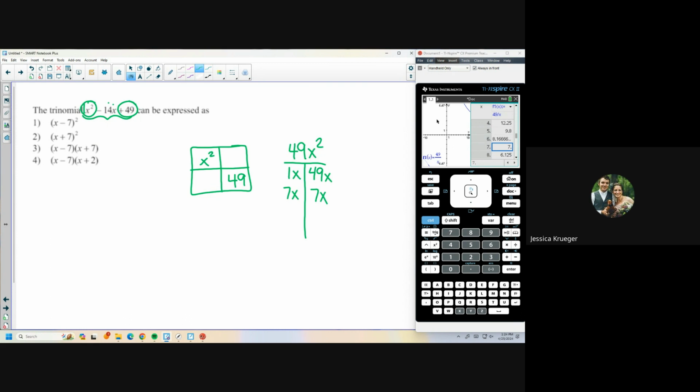And then remember, if it's positive, my signs can be both positive or both negative. A negative times a negative is a positive. So a lot of things to think through. Since my middle term is negative 14x, this is the set of factors I'm going to use.